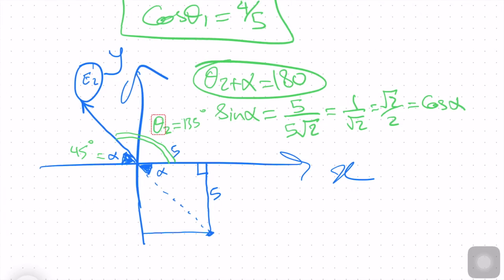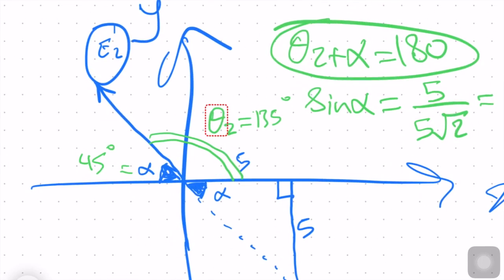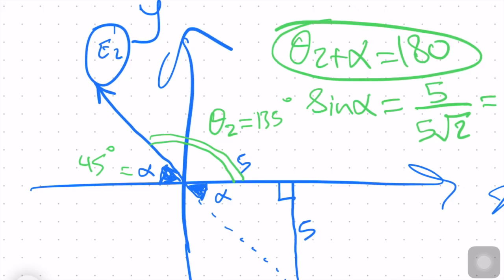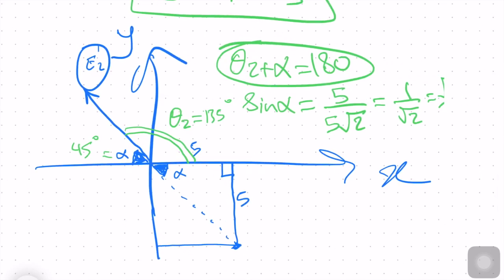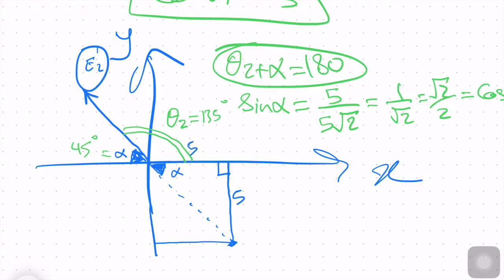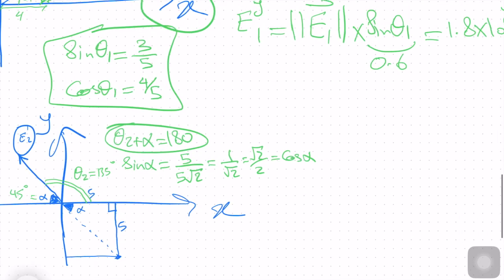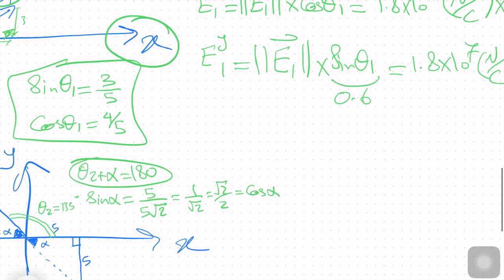And this is all systematic. If I was solving this problem on my own, and I was not explaining it to you, I would only calculate alpha, and I wouldn't really think about theta 2. Instead, I would put a minus sign by hand because I know E2 is pointing in the negative direction of x. So whichever way is easier for you to understand.